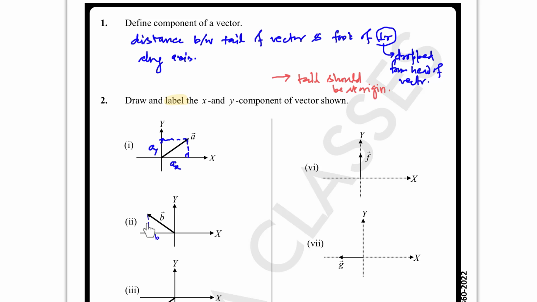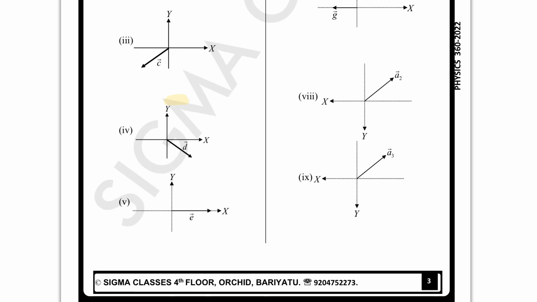Same thing, drop perpendicular from the head on x, and this one is the perpendicular on the y axis, so this one will be the y component. Third, perpendicular on x and y axis, this is the x component, this one is the y component. Fourth, from the head drop perpendicular on x and y, this is along the x axis, so x component, and this is along the y axis, so y component.